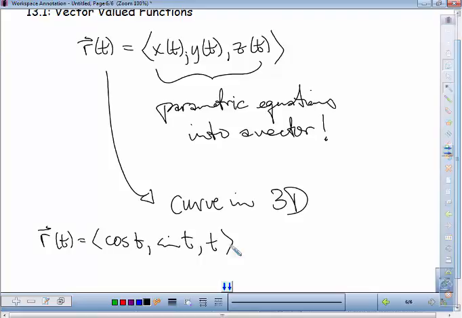And imagine the x and y going in a circle, right? Now, as your t increases, your z, because z is equal to t, is also going to increase. What is this going to look like? Like a spring stretched out. So as you're going along the x and the y, your z is increasing.